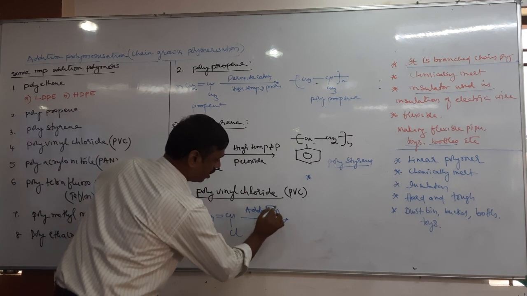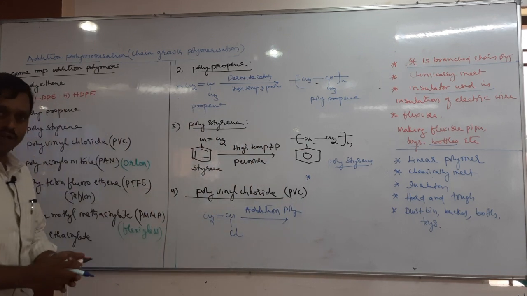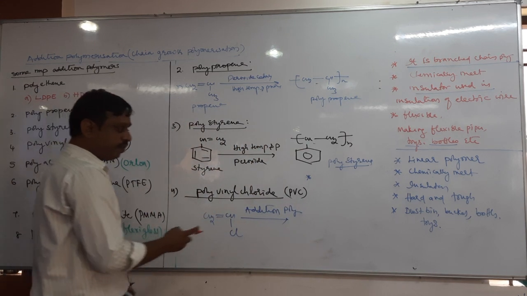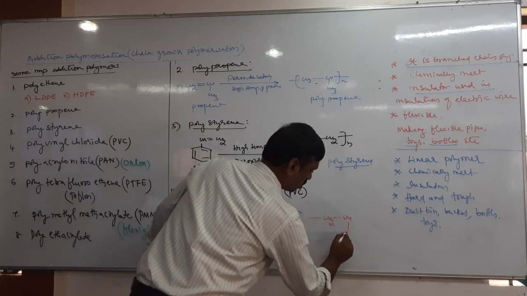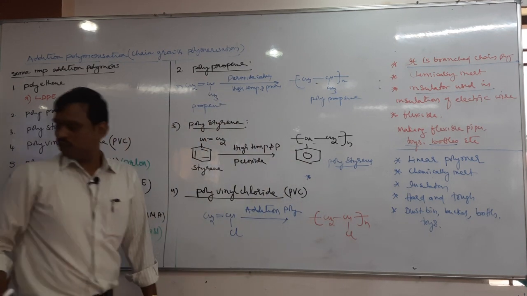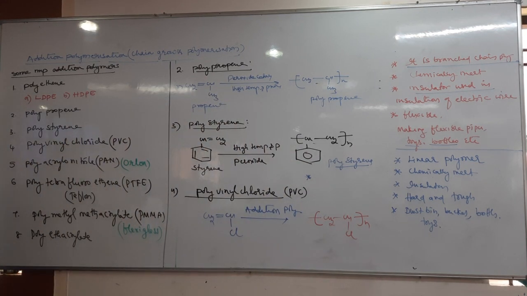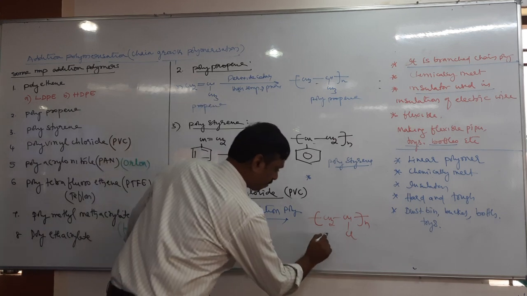So usually addition polymerization takes place in presence of high temperature, high pressure and peroxide catalyst. The condition is same. It gives rise to the polymer, that is polyvinyl chloride. Okay, it is also called PVC.